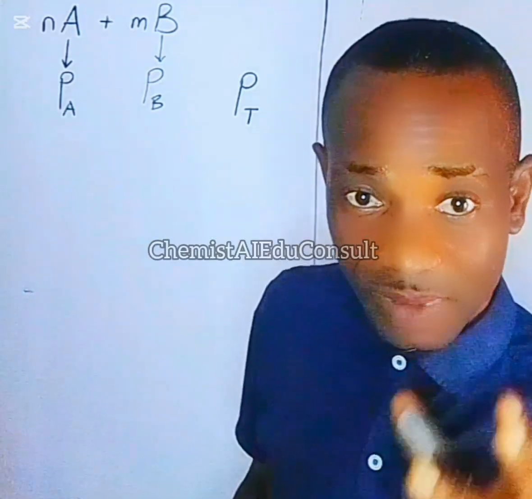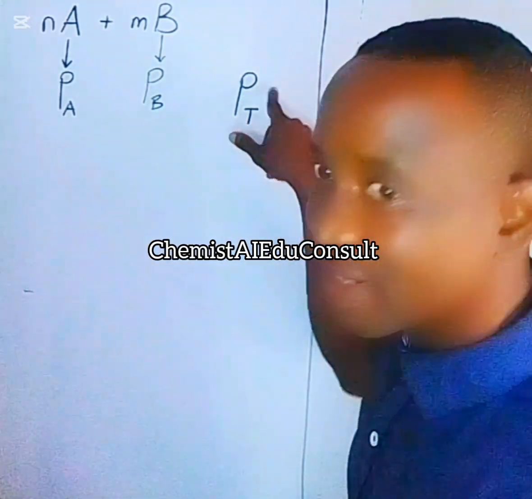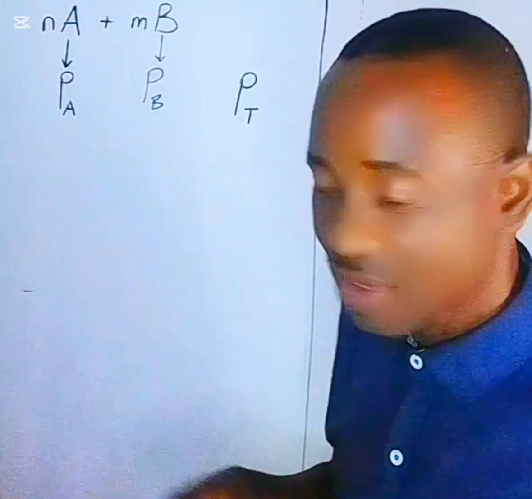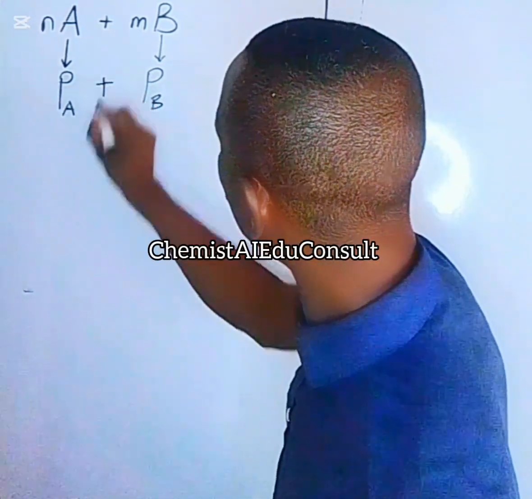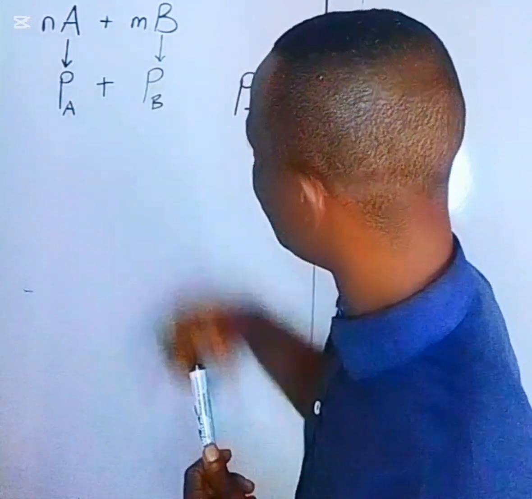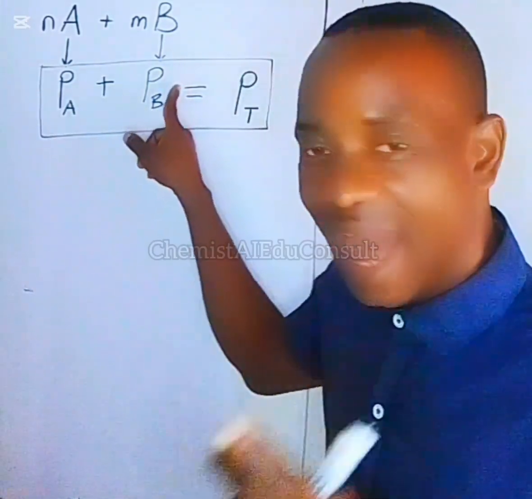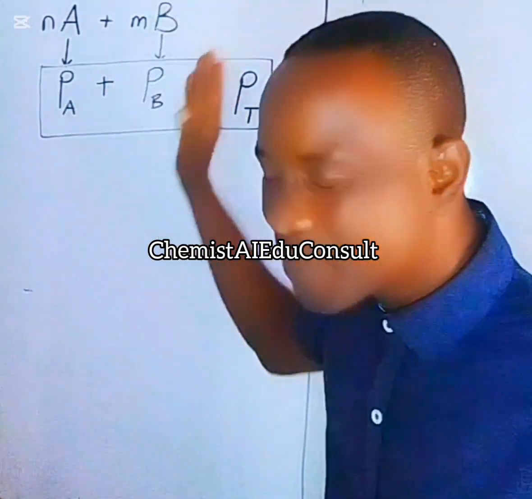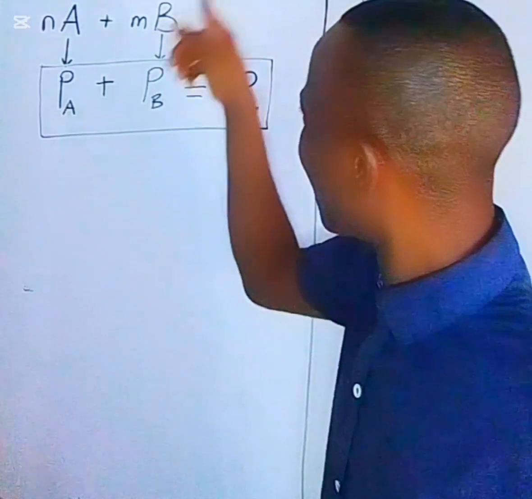John Dalton observed that this total pressure is exactly equal to the sum of the pressures of the two gases A and B. PA and PB are called the partial pressures of gas A and gas B.